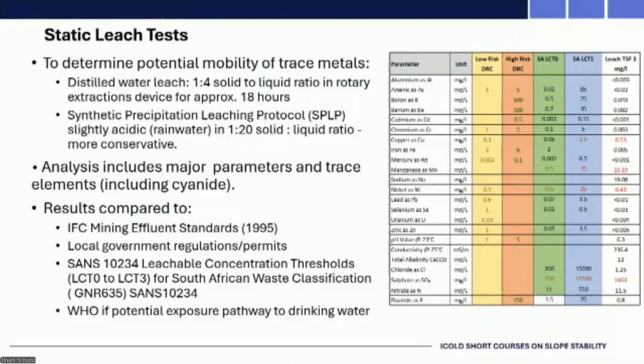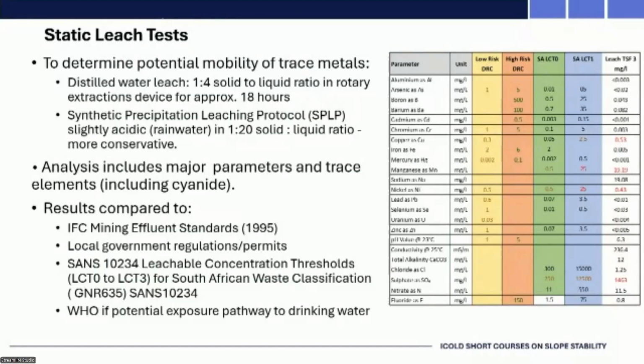So I've got here an example. It was actually in the DRC. Every country has different standards. So these are considered the low risk, high risk tailings metals in DRC compared to our South African limits, which is the LC concentrations that we need for waste classification. Yes, some of them are fairly similar, but this is what we use the information for.